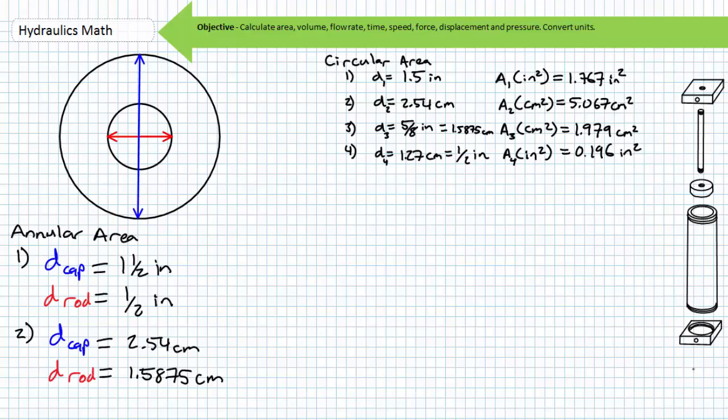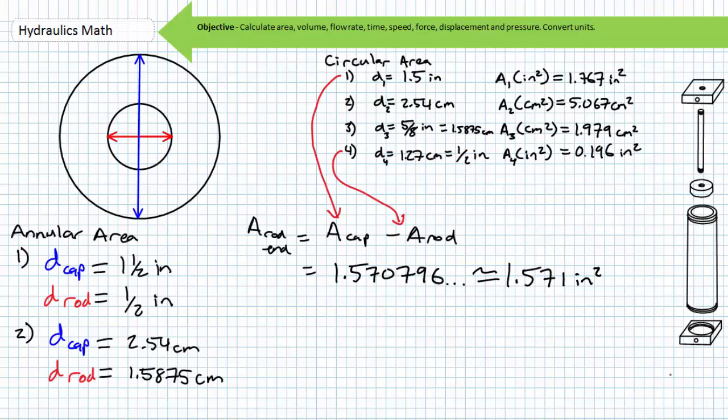Our first example is in effect asking us to subtract the area we solve for in problem 4 from the area we solve for in problem 1 in our previous circular area illustrated examples. This would be the effective area of the rod end for a cylinder with a cap end diameter of 1.5 inches and a rod diameter of 1/2 inch.